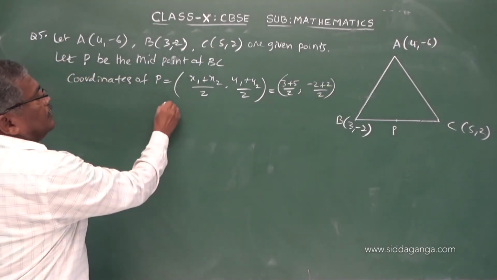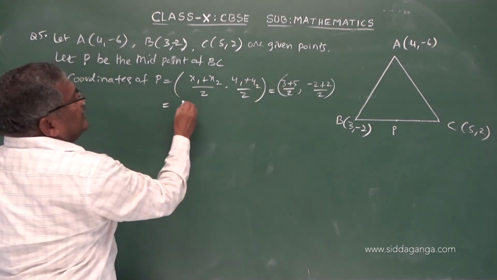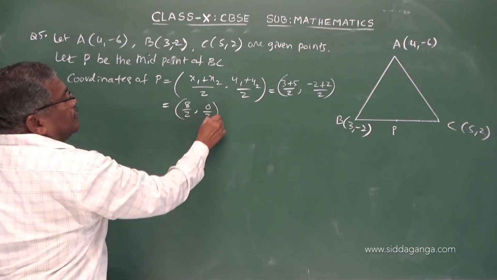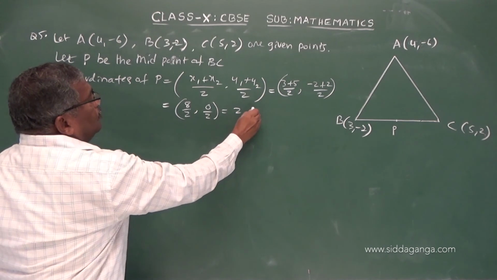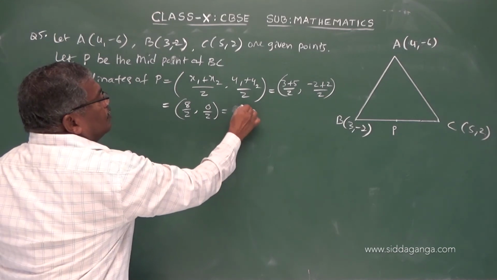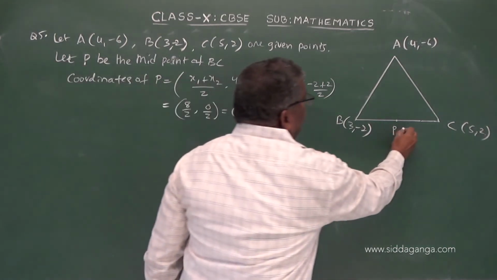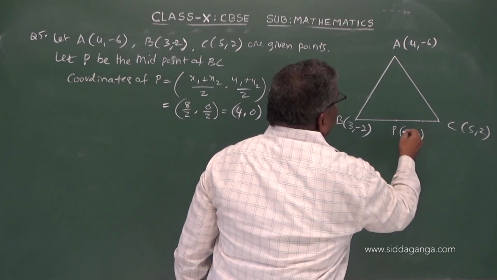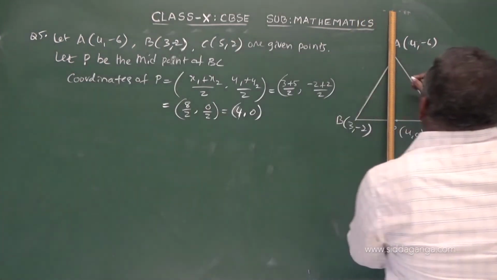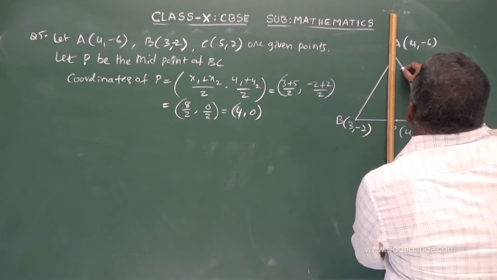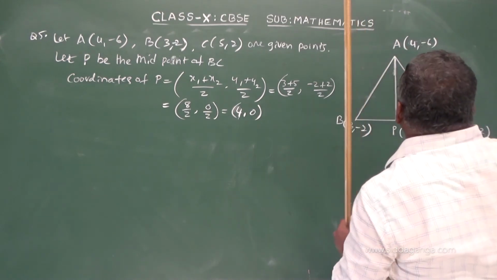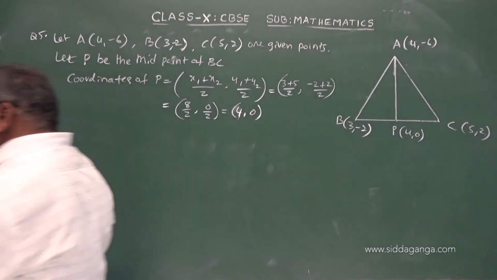That is 8 by 2 and 0 by 2, so the coordinates of P are (4, 0). Now join AP.